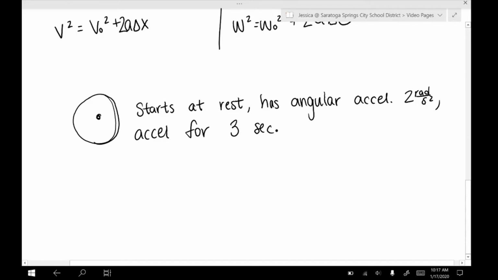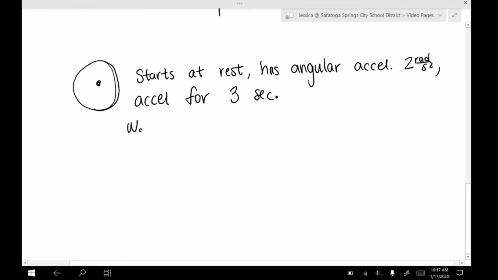Okay. Well, if I start at rest, that means my initial velocity is 0. Angular acceleration is 2 radians a second squared, and I accelerate for 3 seconds.